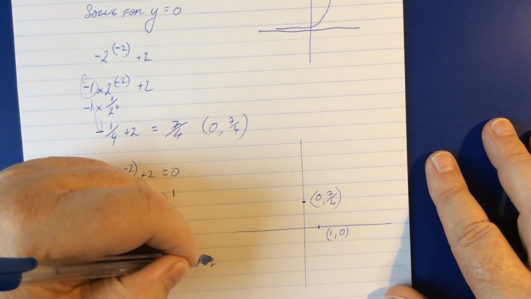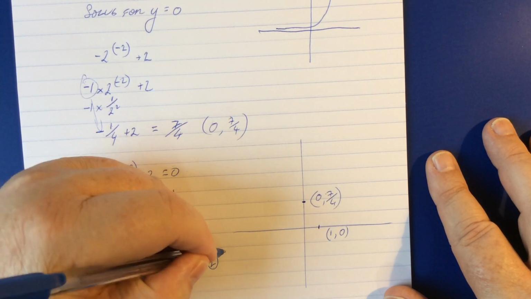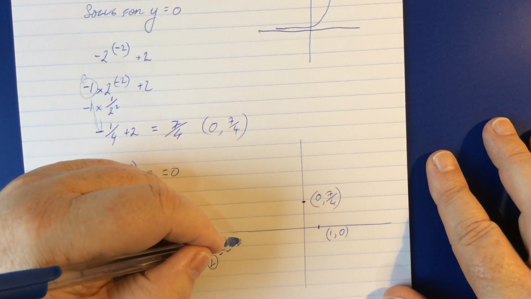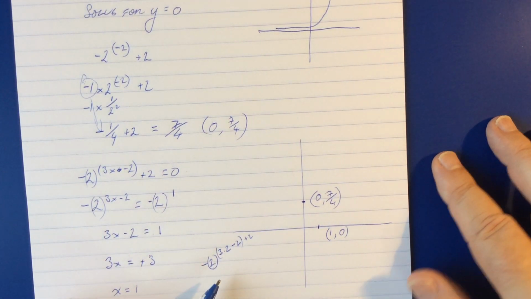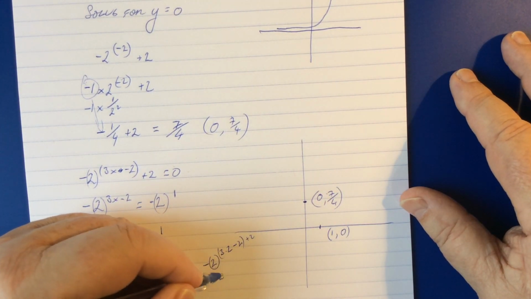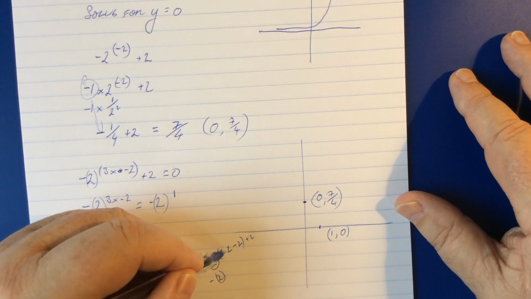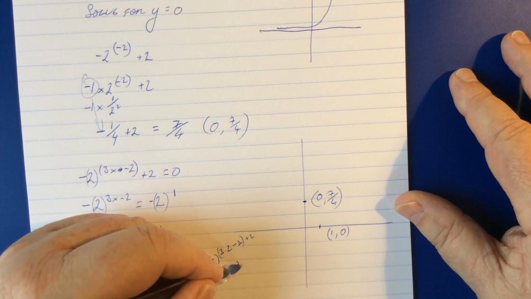So that's negative 2 to the power of 3 times 2 minus 2, plus 2. Okay, so let's see what that works out to. So that is negative 2, and I'm careful with that, 3 2's are 6 minus 2. That's to the 4 plus 2.